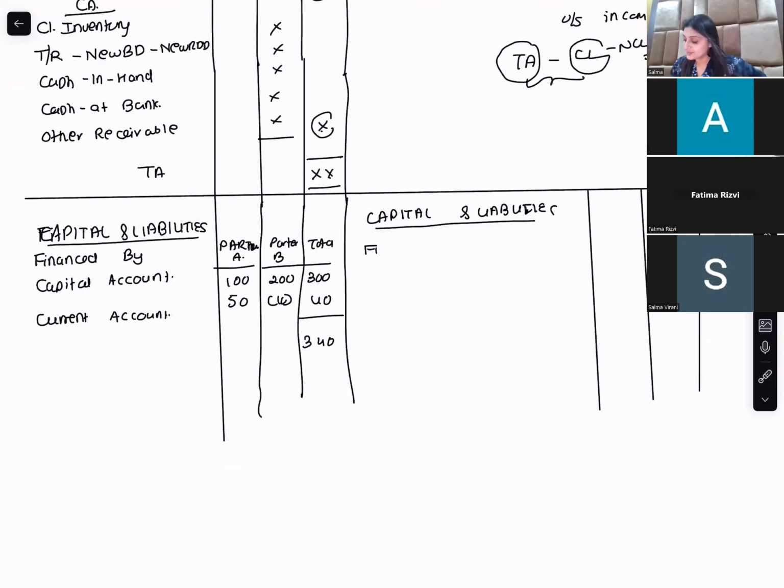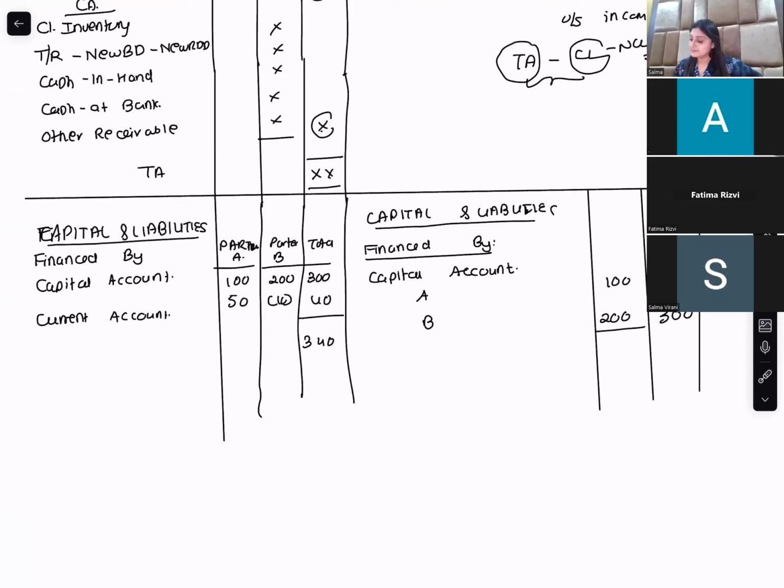You will write financed by. Capital account, you have how many partners? 2 partners, A and B. So you will write 100 and 200, which is giving you a total of 300.